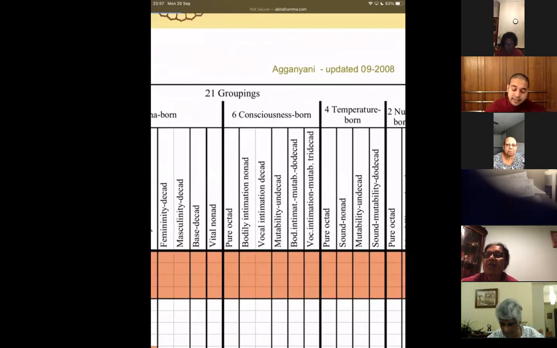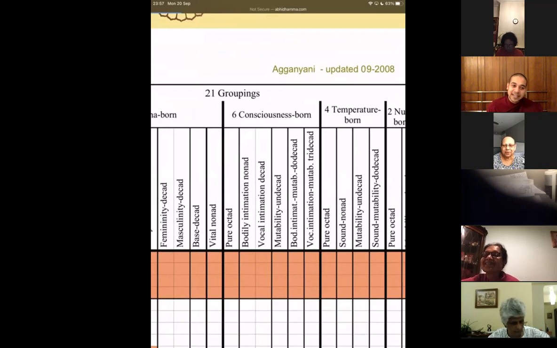We'll go through that. Then we have the chitta: the pure octad, bodily intimation nonad, vocal intimation decad, mutability undecad, bodily intimation mutability dodecad, vocal intimation mutability tridecad.